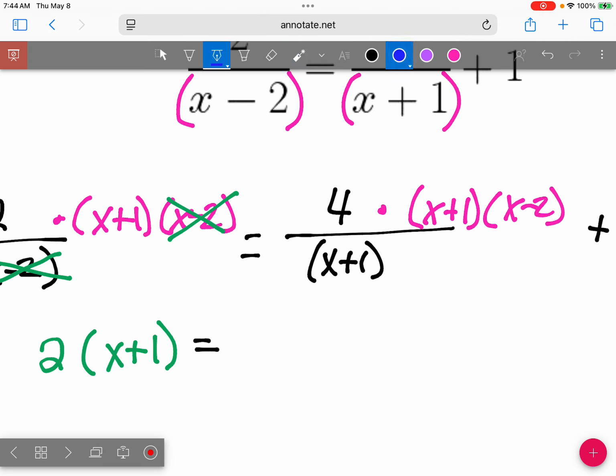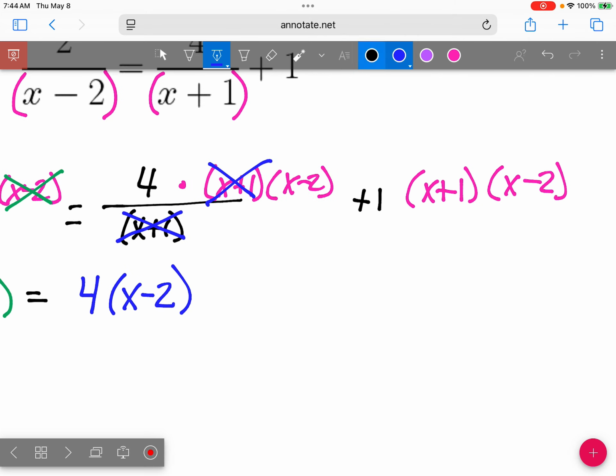And here we have our x plus 1s that cancel out, and we're left with our 4 times x minus 2. And then our 1 times both those pieces, I don't have anything that cancels out. So we're just left with our x plus 1, x minus 2.